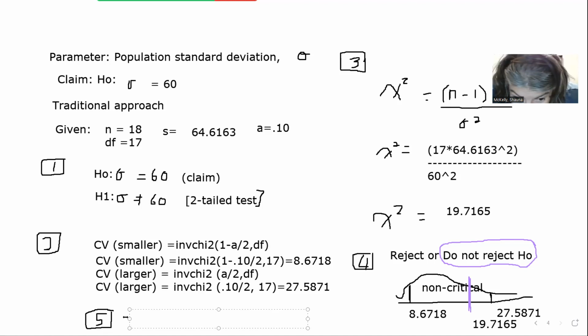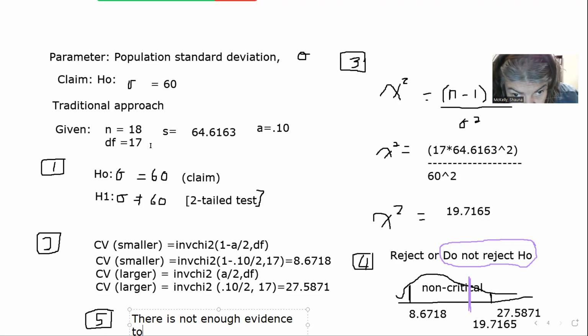So you say, there is not, because your decision here contains not, there is not enough evidence to what? Well, the claim is H0, that means we're going to have the word reject in there. So there is not enough evidence to reject the claim.